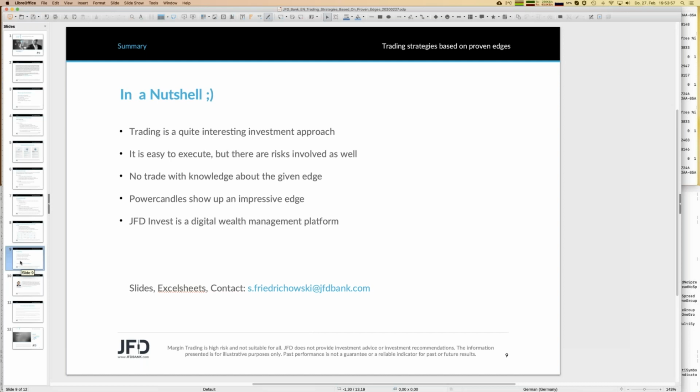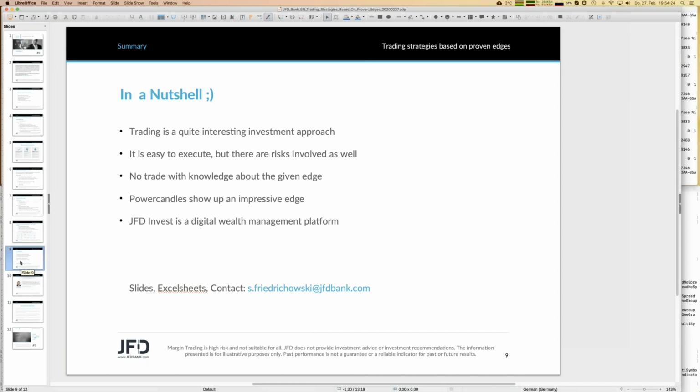Still, the others are valid by themselves. Of course, investing in stocks, funds, ETFs, why not? But that is more really long term. You think more in years. But with trading, you are more involved if you really trade CFDs, forex trades like we did here today.